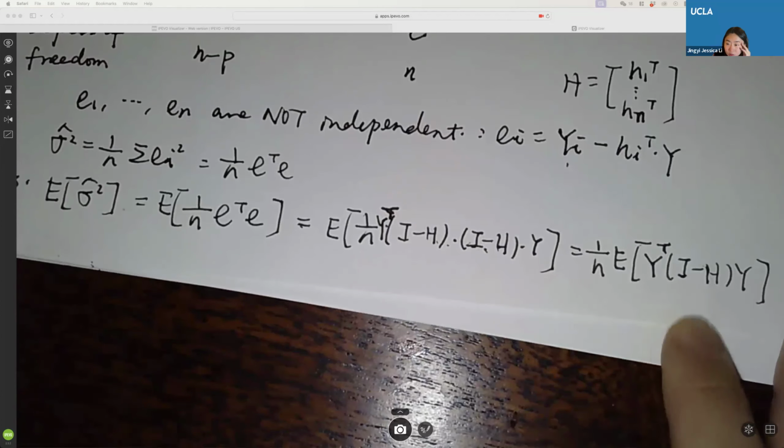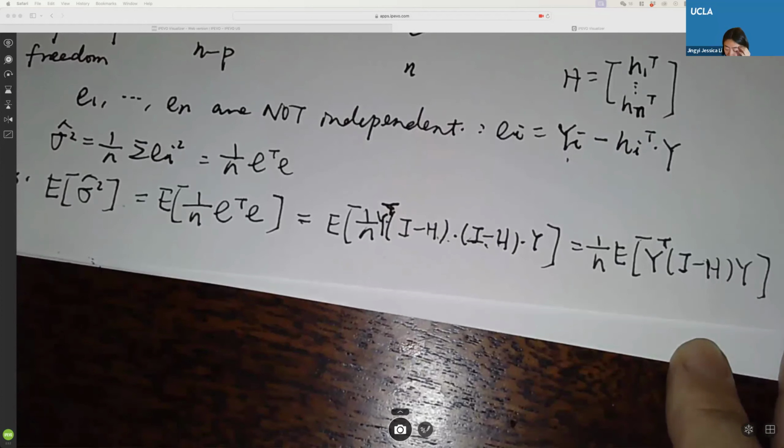And then here we also need to know the expectation of Y transpose Y, which is something we haven't calculated before.